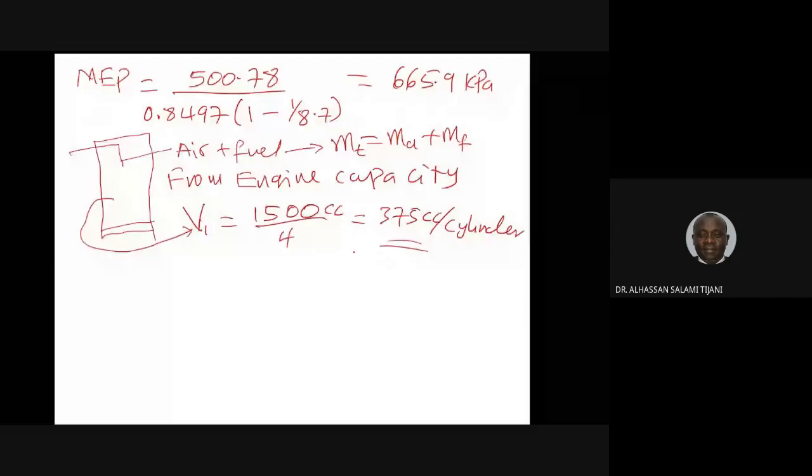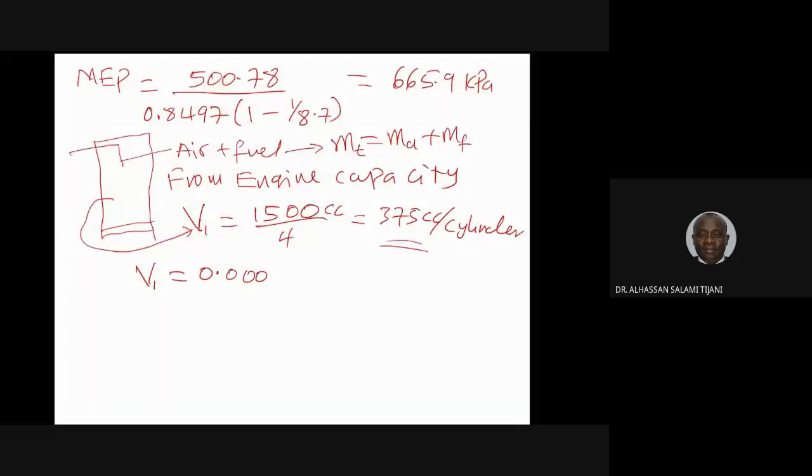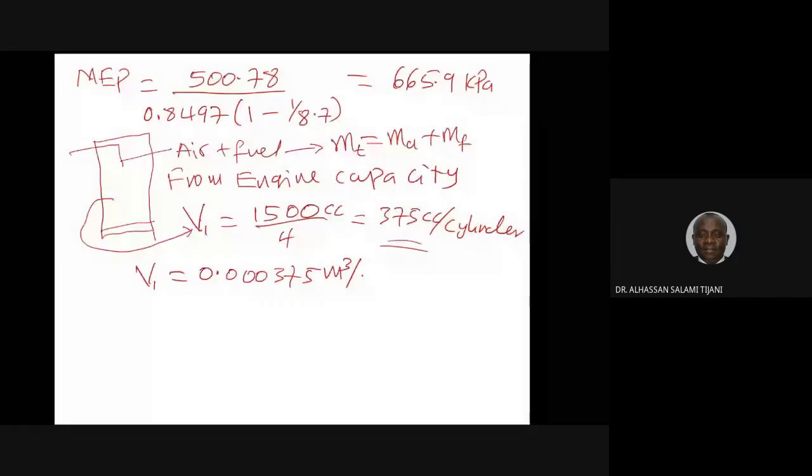If we convert into meter cube, that gives us V1 equals 375 times 10 raised to the power minus 6, so that gives us 0.000375 meter cube per cylinder. If you have any question, don't hesitate to ask me.